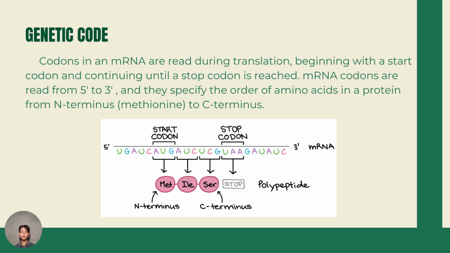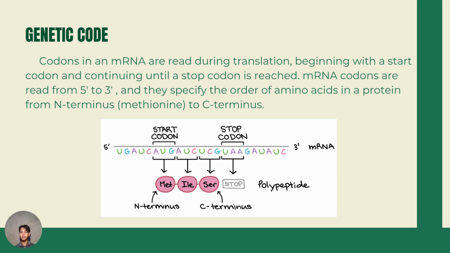So dun lang mag-stop yung chain. mRNA codons are read in the 5' to 3' direction, and they specify the order of amino acids in a protein, from the N terminus, from methionine, to the C terminus, or the sequence of the polypeptide chain.